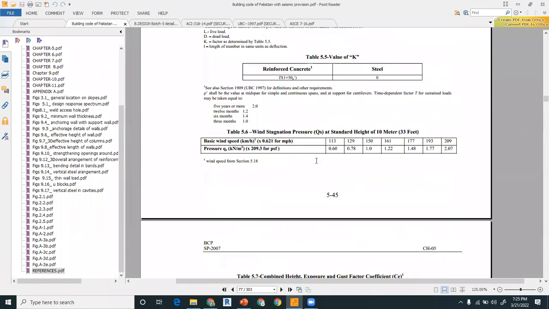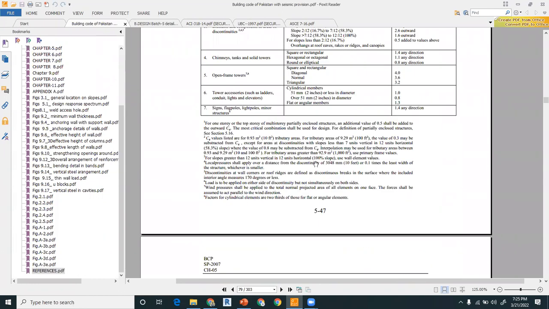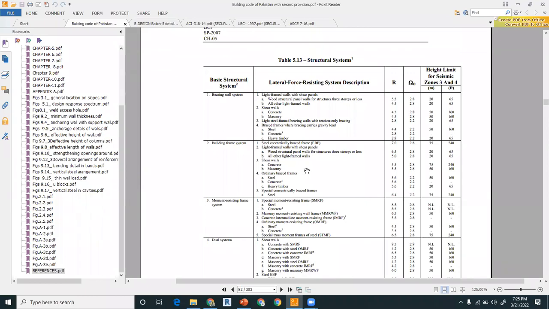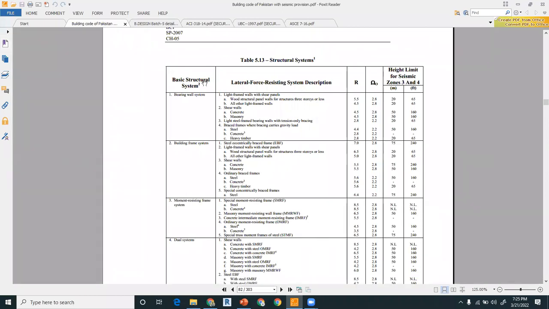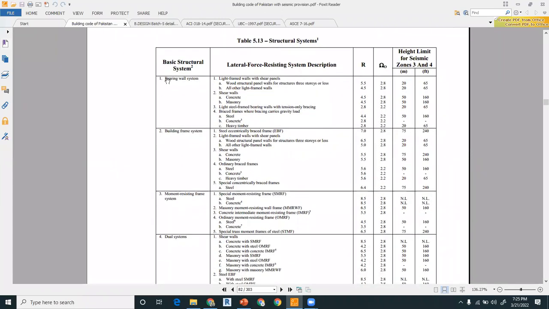Let me go towards the structural system table. Right, so this is Table 5.13, which is the structural system which I have defined. For example, the first one is the wall bearing system.